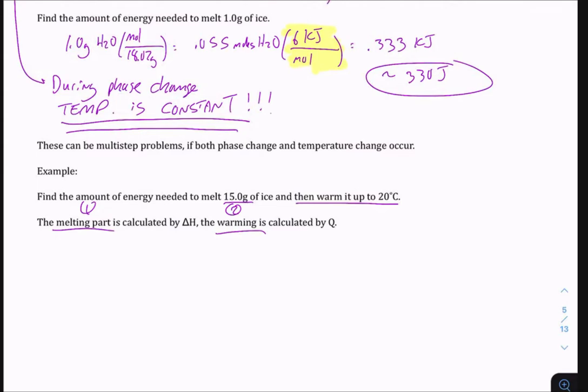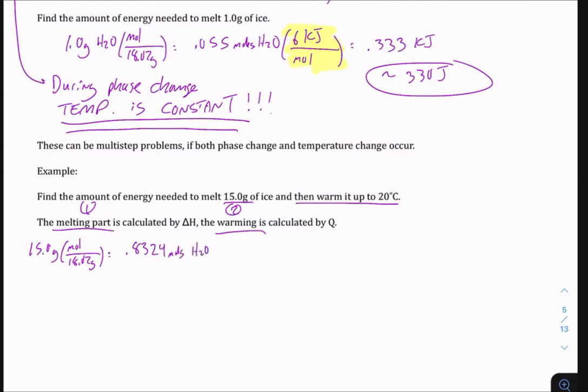We've got 15 grams. We need to convert it to moles. 15.0 divided by 18.02, so we're talking about 0.8324. I'm going to carry an extra sig fig for now. We'll round it later.